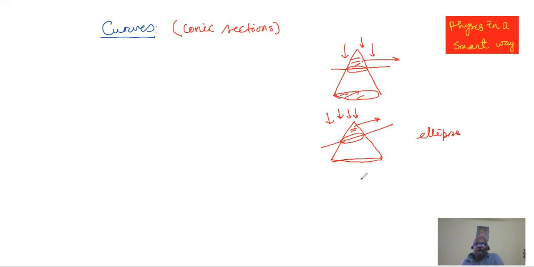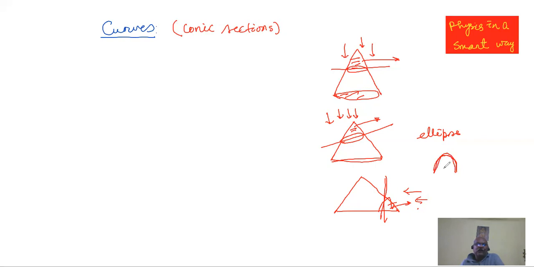If you take a cone and cut it by a cutting plane which is perpendicular to the base, remove the portion to the right and look from this direction, you see a typical curve like this, known as a parabola.